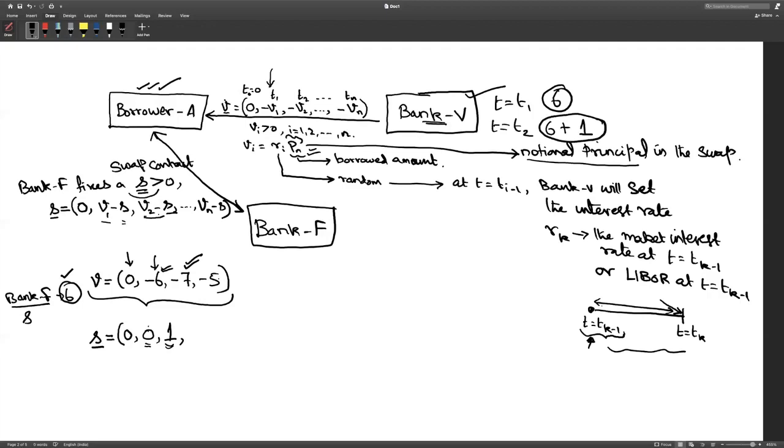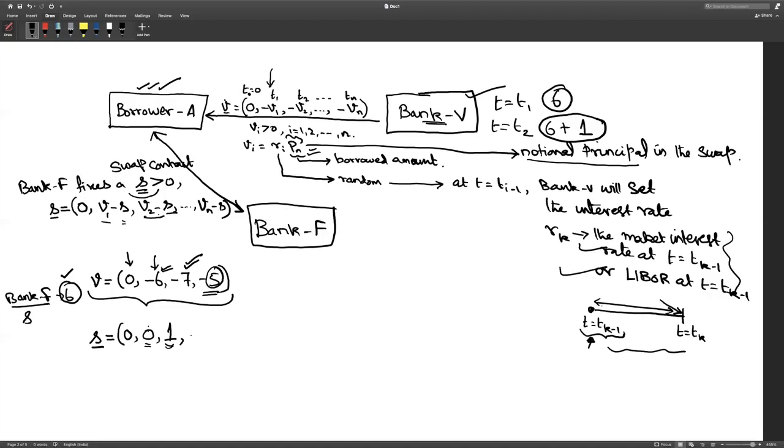But at time T equal to T3, unfortunately, the reference interest rate fixed by bank V fell by 2%, so the prevailing interest rate at T3 was 5, but his agreement with bank F is 6.